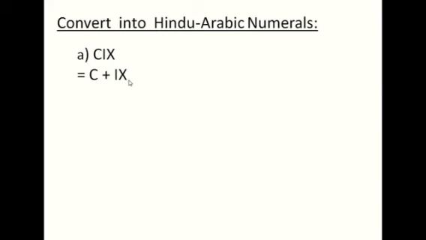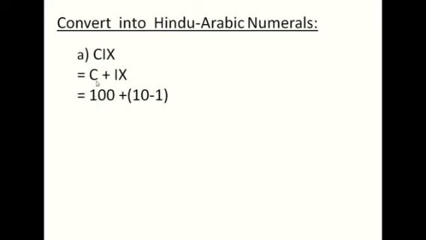Now what will I do? I will write down their values in Hindu-Arabic. So the value for C in Hindu-Arabic you know is 100 and the value for IX is 9. Let's do it.